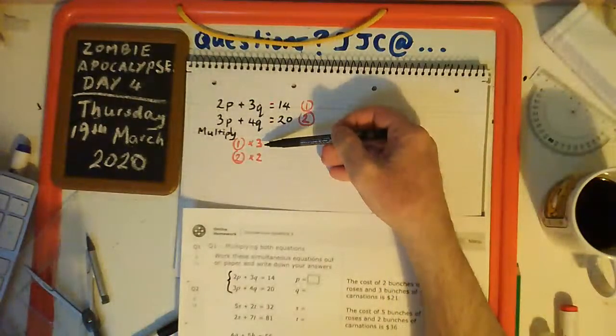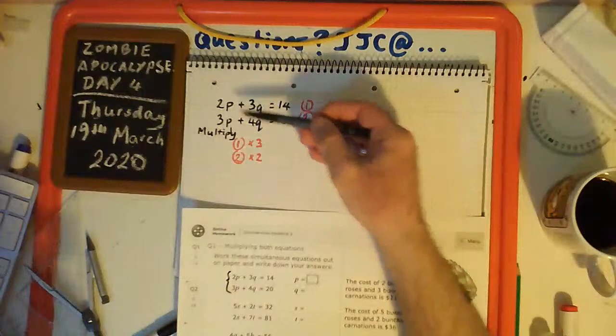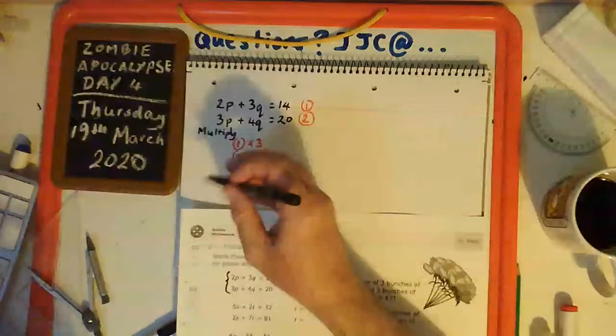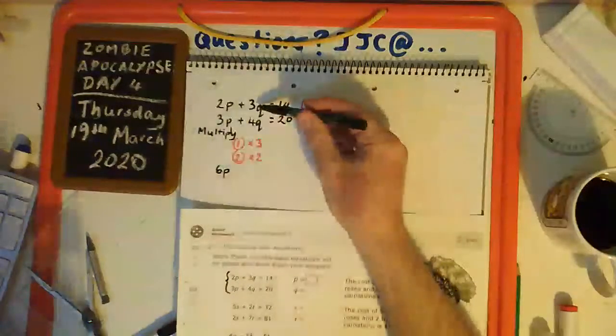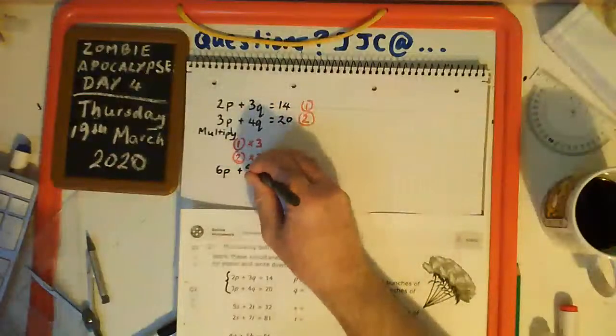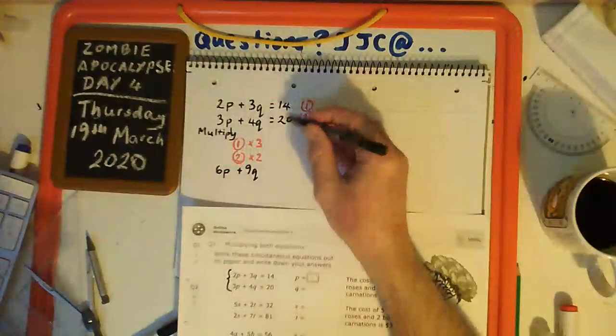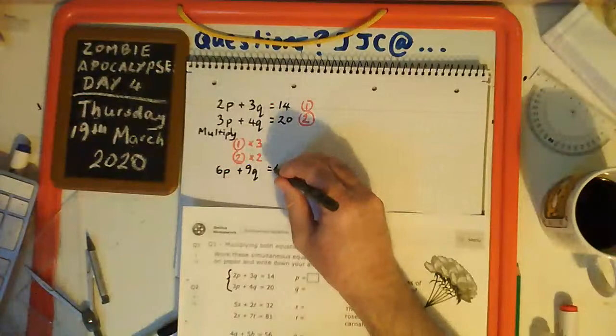So equation 1 is 2p plus 3q equals 14. I'm going to multiply everything by 3 in that. So instead of 2p, I'm going to get 6p. Instead of 3q, I'm going to get 9q. And instead of 14, I'm going to get 42.